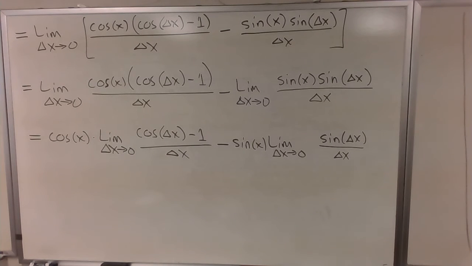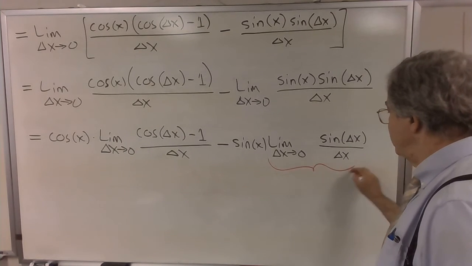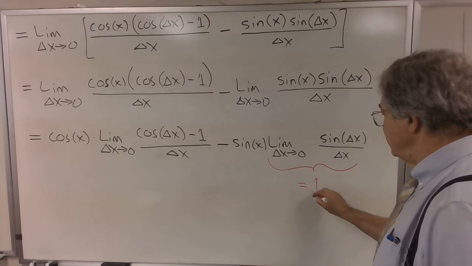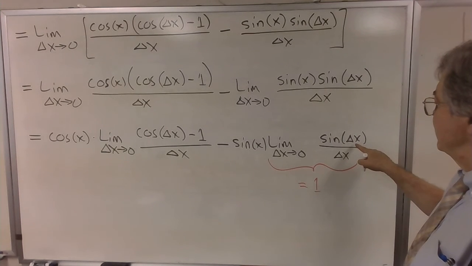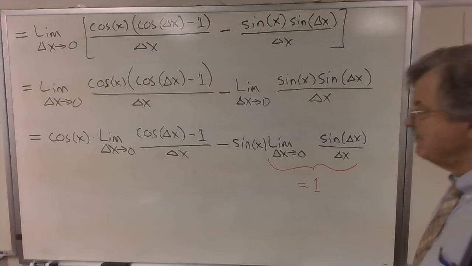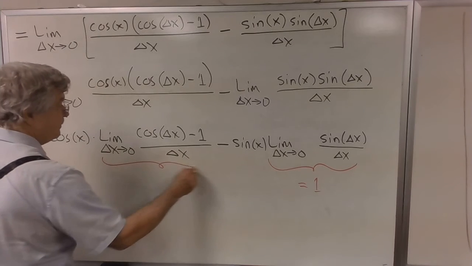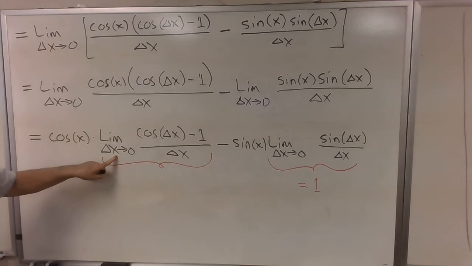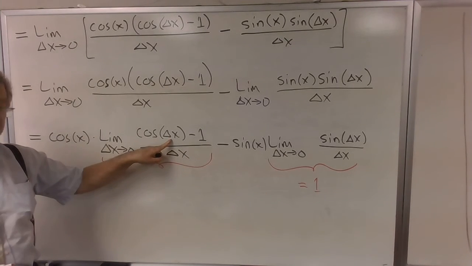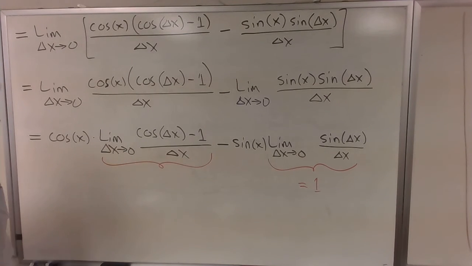And I like this a lot because I know what this limit is. As delta x goes to 0, sine of delta x over delta x is 1. And I know what this limit is. As delta x goes to 0, cosine of delta x minus 1 over delta x goes to 0.